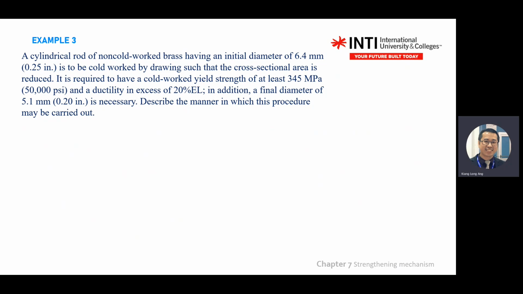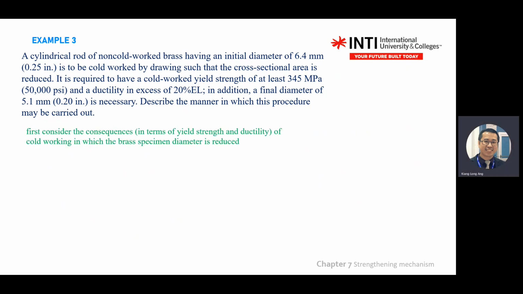It requires a cold worked yield strength of at least 345 megapascal and a ductility in excess of 20%, meaning ductility must be more than 20%. In addition, the final diameter was given. So the deformed area and the initial area are given, and you are able to find the cold work. Then you need to describe how the process may be carried out.